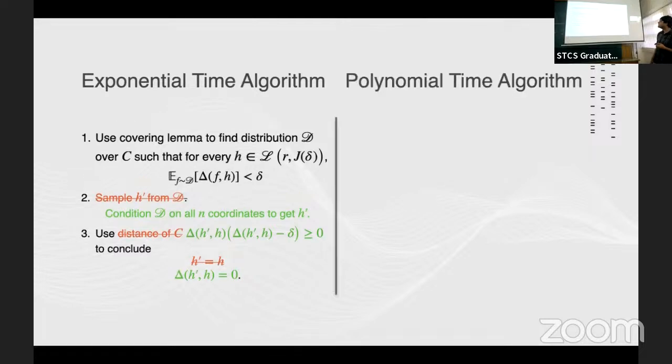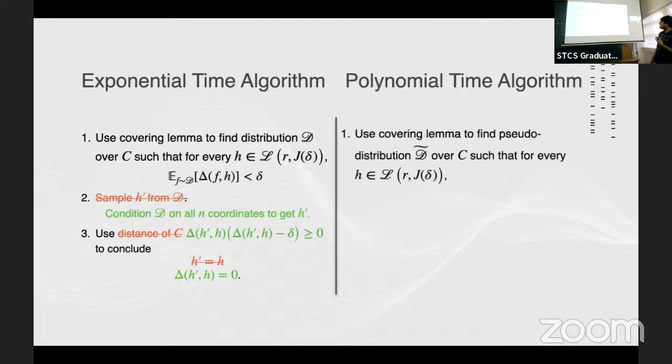The polynomial time algorithm will be, we again find it by minimizing the L2 norm, but instead of finding a true distribution, we find a pseudo distribution, which has this property that we saw before, that it is closed on average.